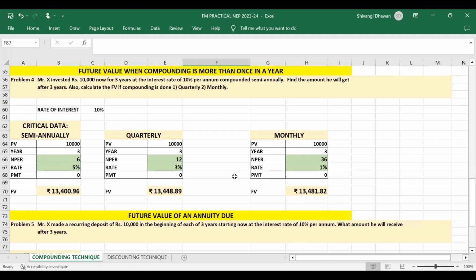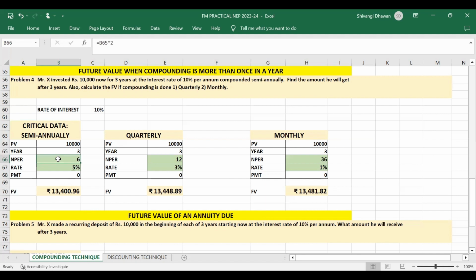So the built-in function of future value will be used to find the future value in semi-annual compounding mode. Here, present value remains the same, 10,000, that we have invested now for 3 years. Years is 3.